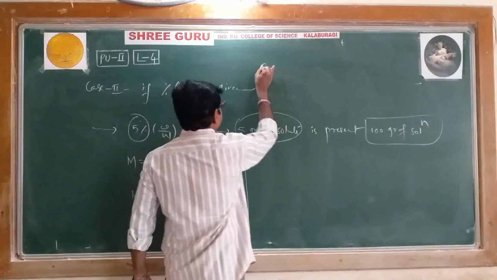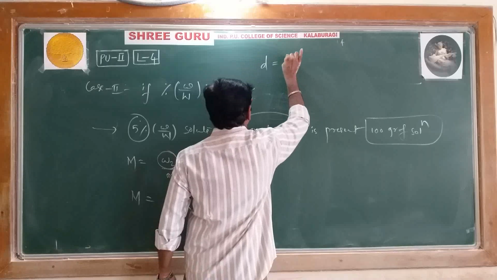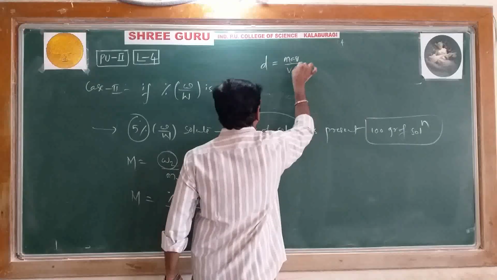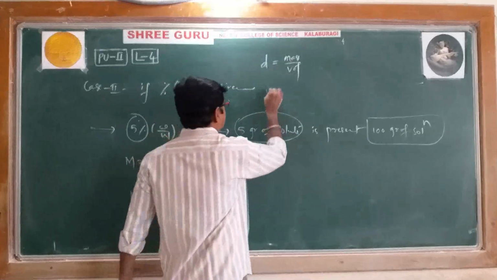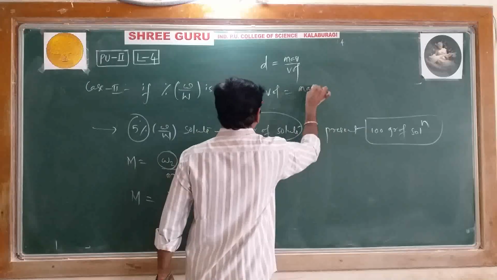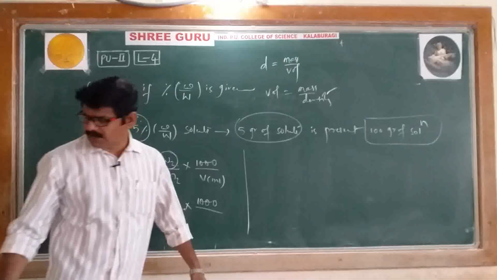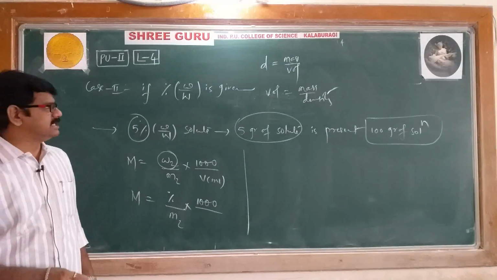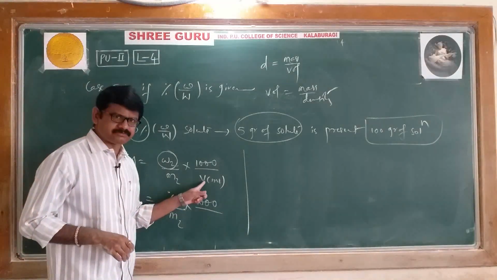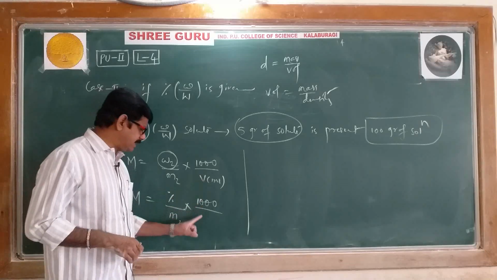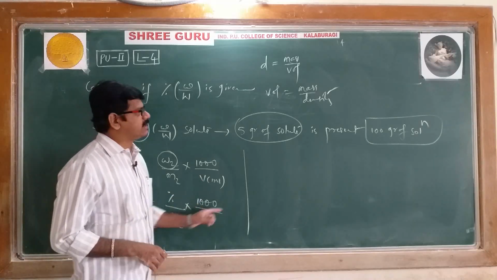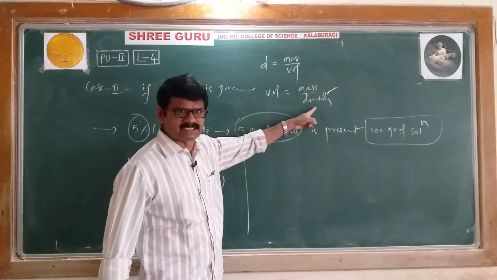Before that, one formula is already known to you: density equals mass divided by volume. Now I want volume, so volume equals mass divided by density. Therefore, in place of volume, we will write mass by density.